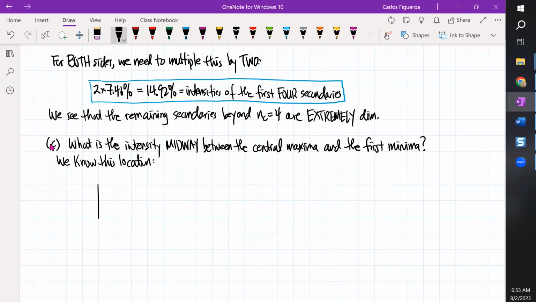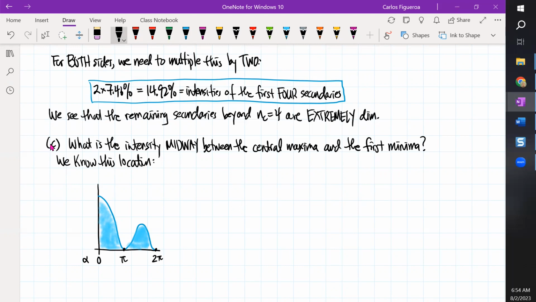So if I now look at my pattern, we know that this is going to look something like this. If I look at alpha, we know that this has to be 0, this is going to be pi, this is going to be 2 pi.